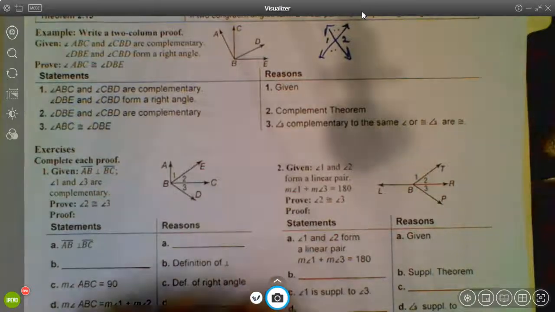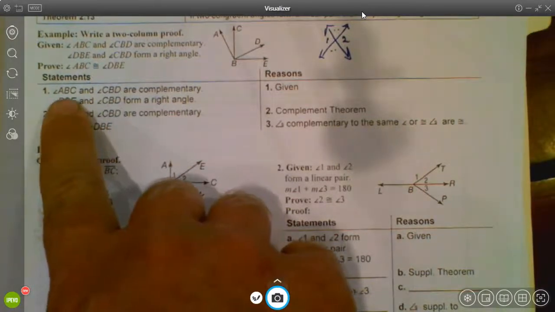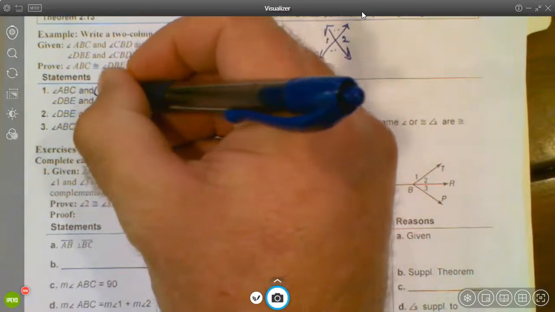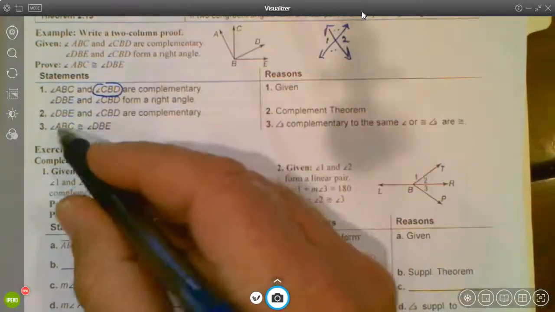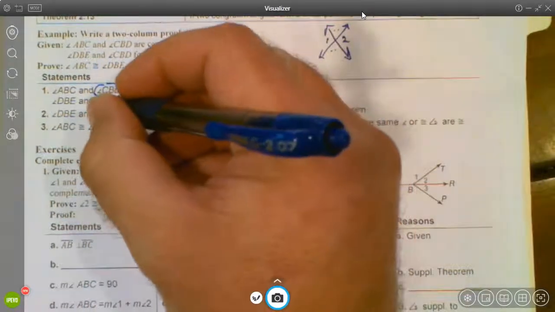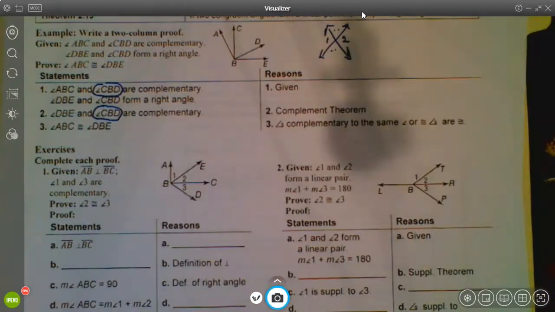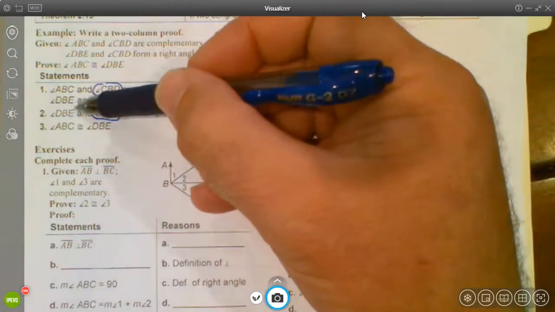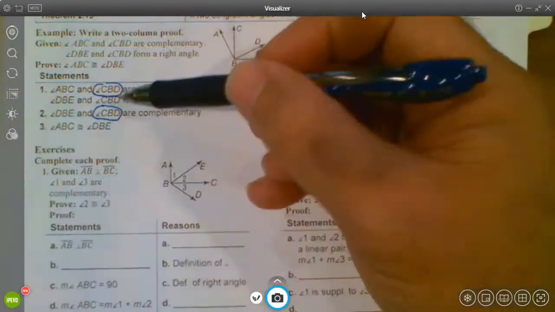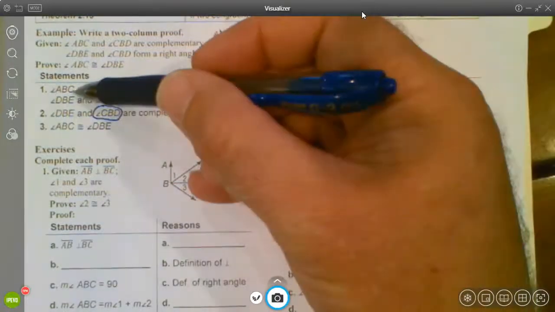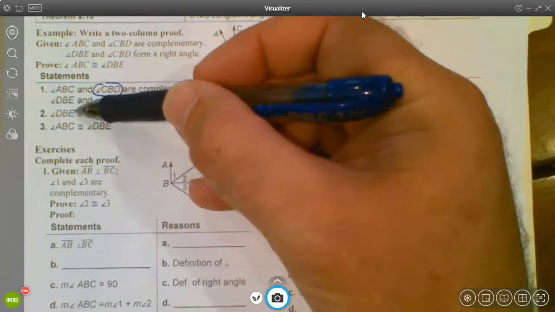So here's a new one that just came up. If ABC and CBD are complementary, and DBE and, again, CBD are complementary, notice these two angles are complementary to the same angle. And the only way for that to be true is if this is congruent to this.